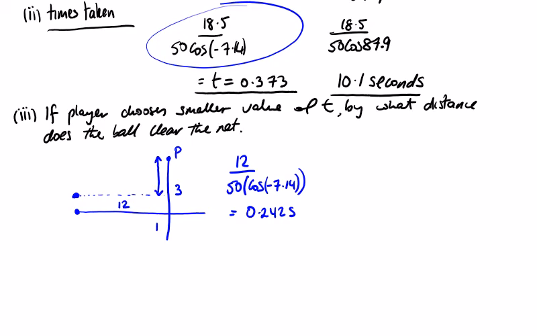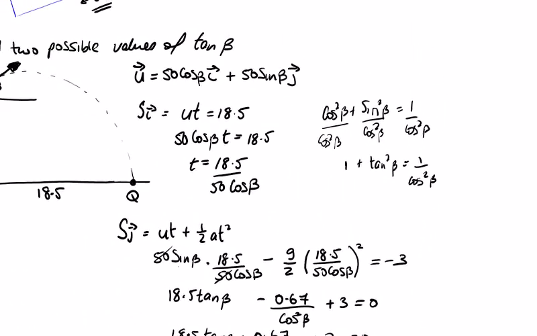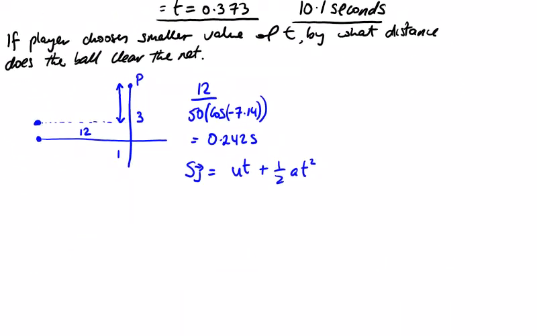Now what I need to do is get this distance from here to here in the j direction, the displacement in the j direction, ut plus a half at squared. Just double check your u. My initial u, of course, is 50 sine beta. So 50 sine minus 7.14 times t, which you just worked out to be 0.242.